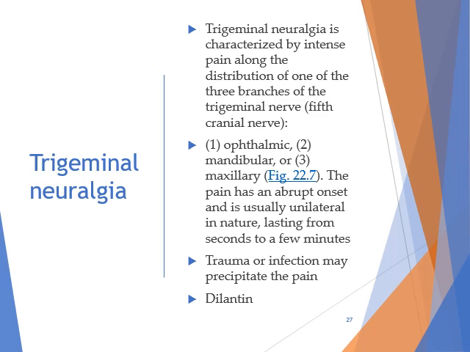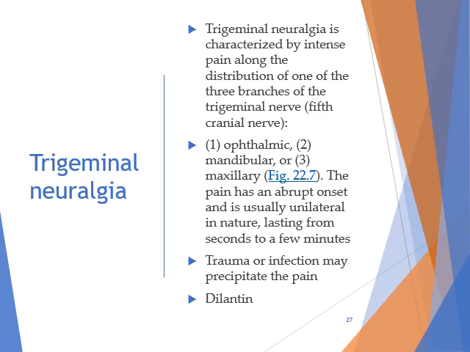Right, let's talk about trigeminal neuralgia. That's on page 393. Trigeminal neuralgia is characterized by intense pain along the distribution of one of the three branches of the trigeminal nerve.